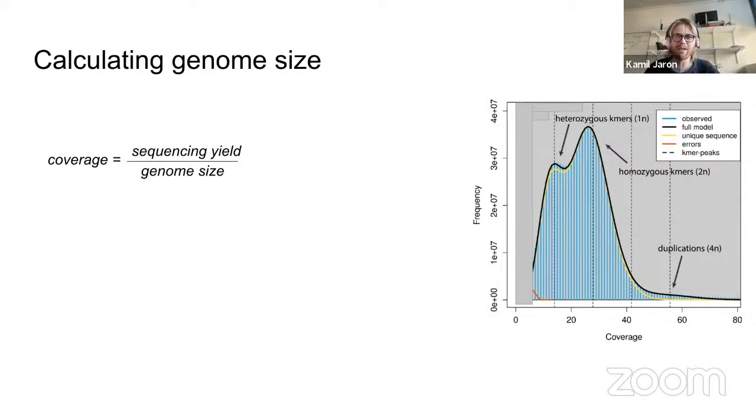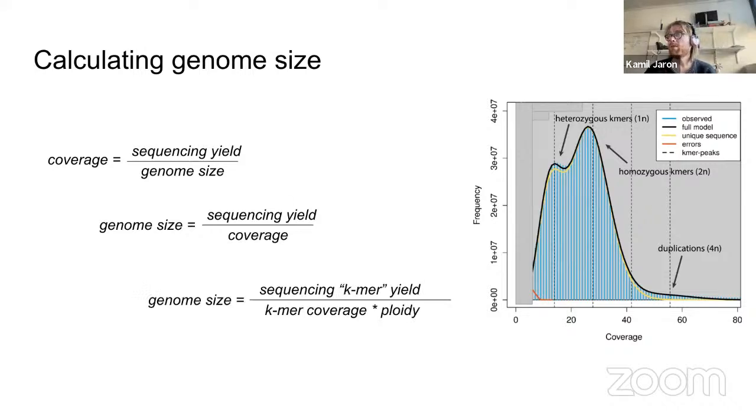We take the sequencing yield and divide it by expected genome size, right? Again, it shouldn't be surprising to you. If you flip this equation around, just moving terms, you will end up with the genome size being the sequencing yield divided by coverage. Okay, everybody with me? The same works for k-mers too.